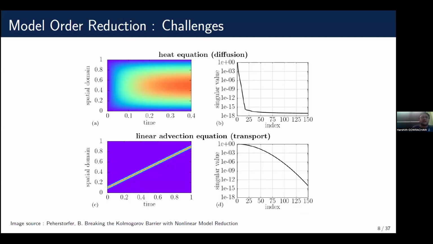So one of the main challenges for model reduction is, as you can see for heat equations, which are diffusion problems, you can have quite sharp decay of singular values. But even for the linear advection equation, you don't have a sharp decay, which is quite important for developing an efficient reduced order model.